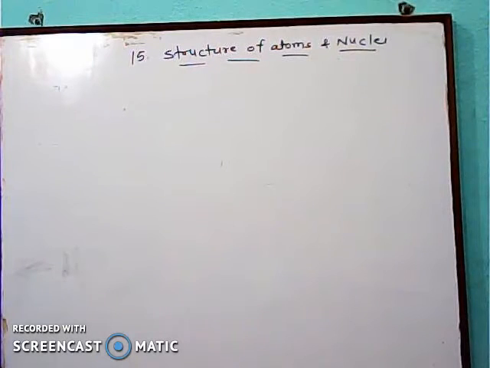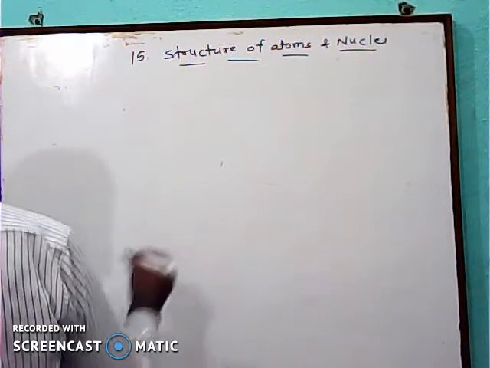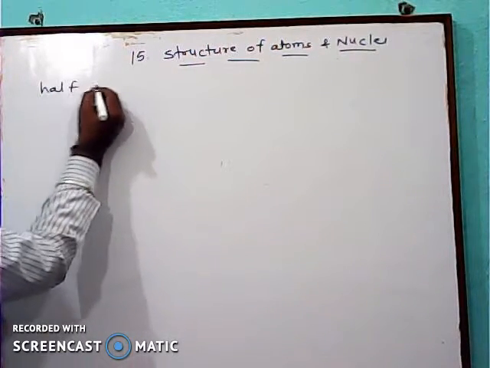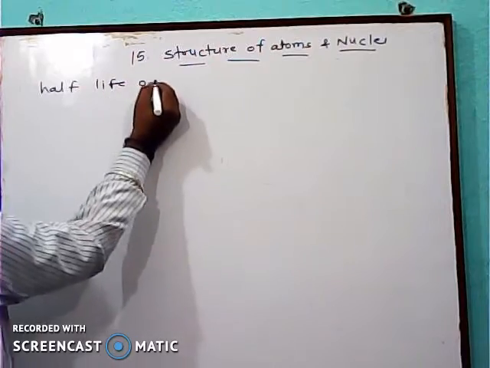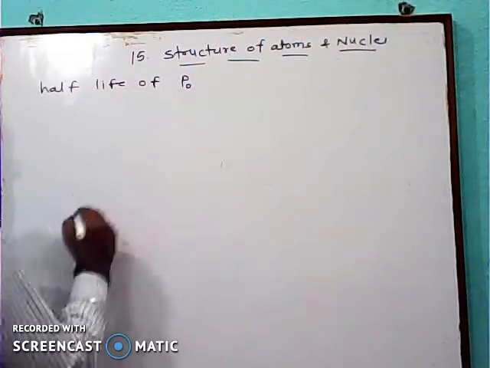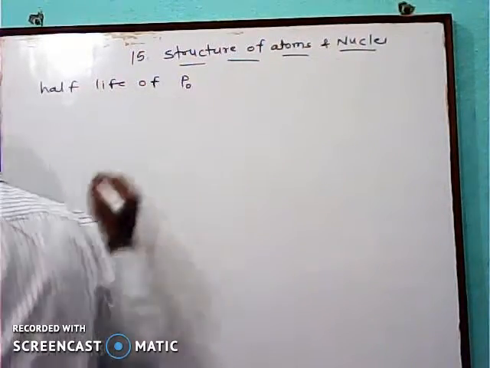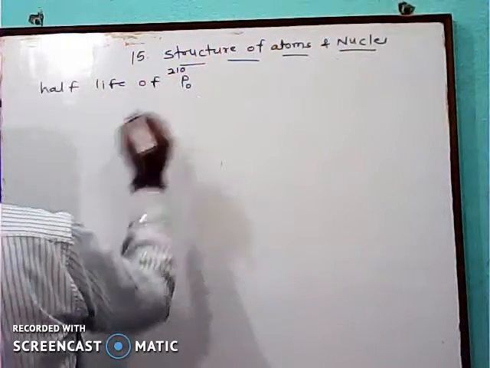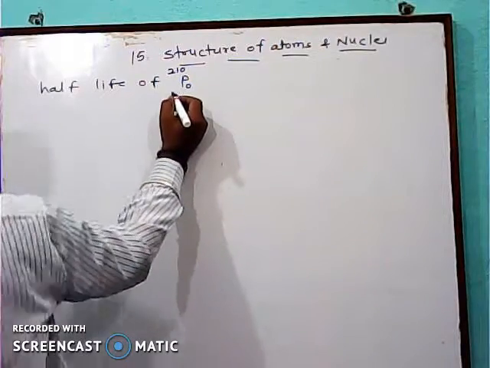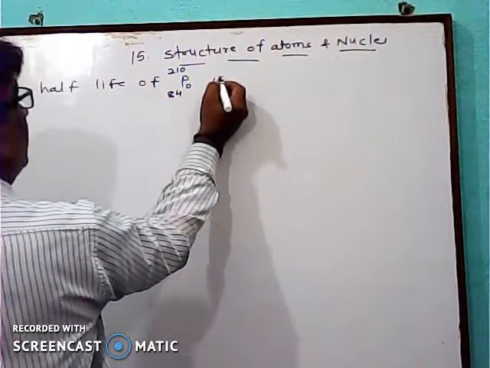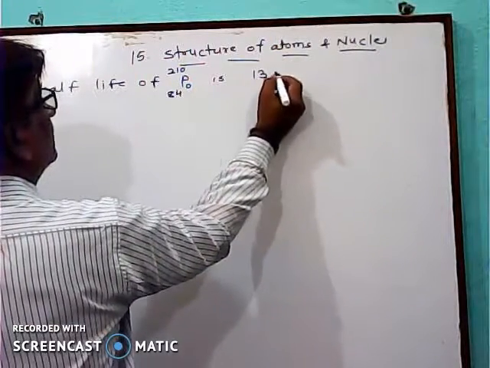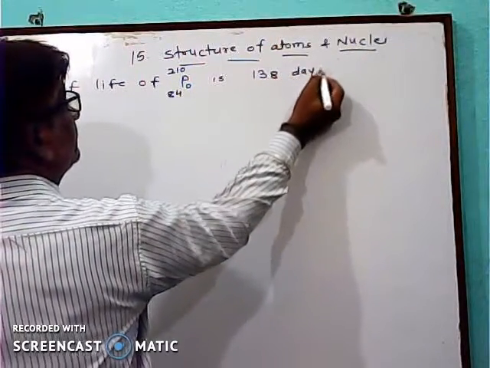The second example: the half-life of the radioactive element polonium, whose mass number is 210 and atomic number is 84, is 138 days.